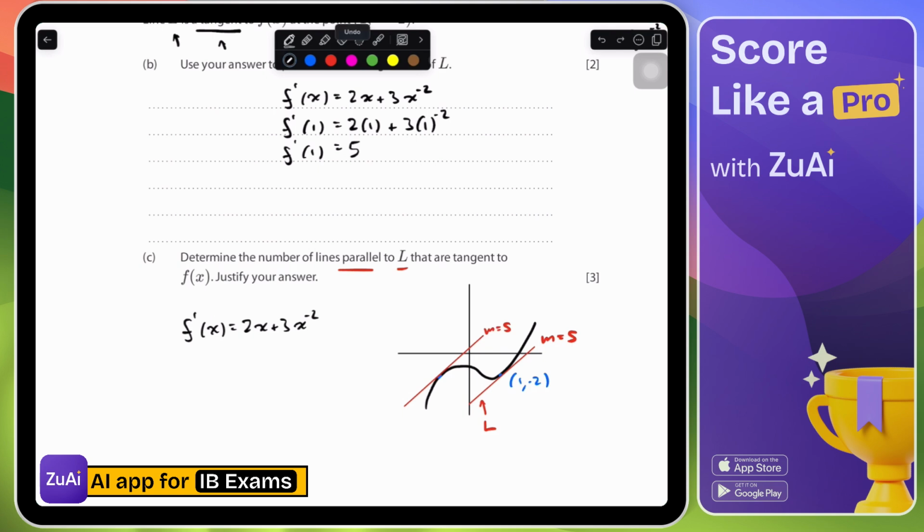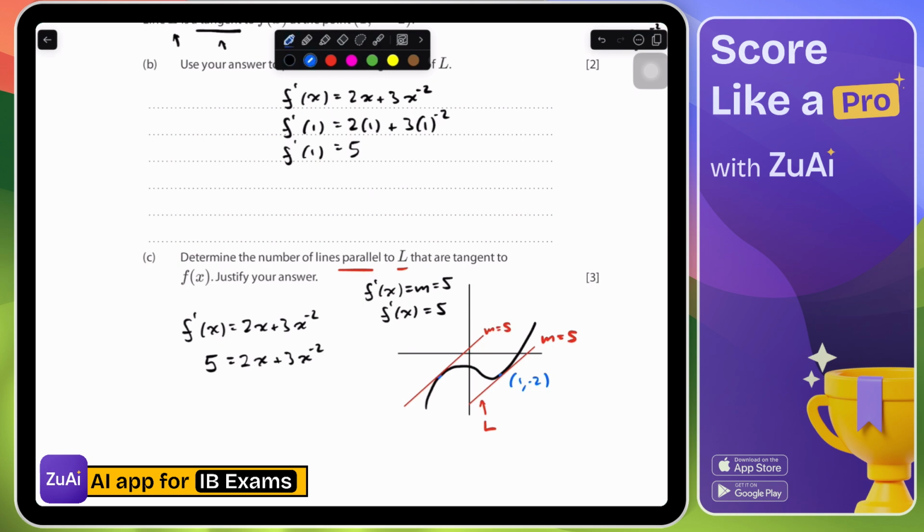We want the slope, f'(x), which is equal to m. It's a slope function. We want m to be equal to 5, so we want f'(x) to be equal to 5. So let's replace this with a 5, and now we have 2x + 3x^-2.